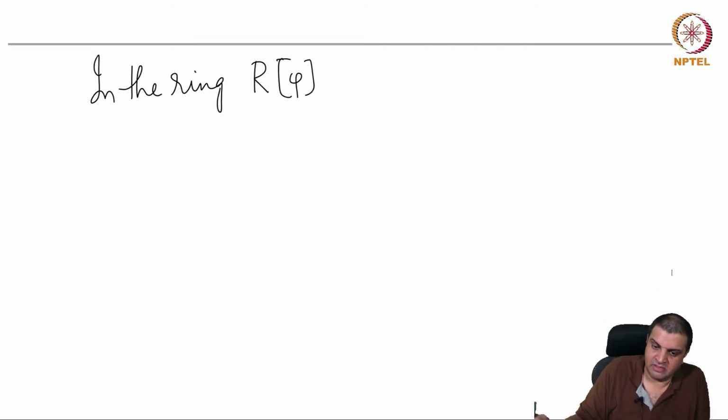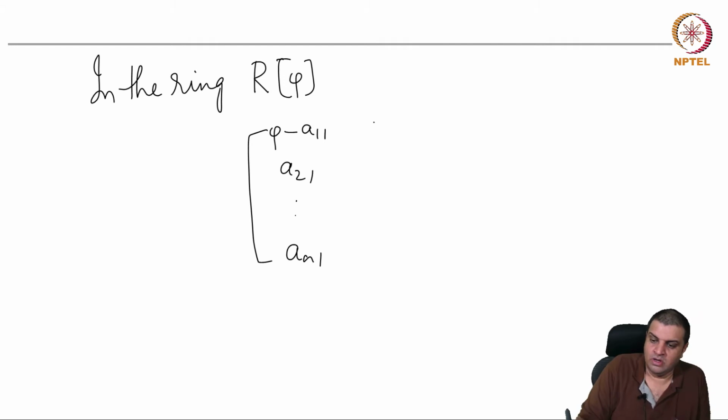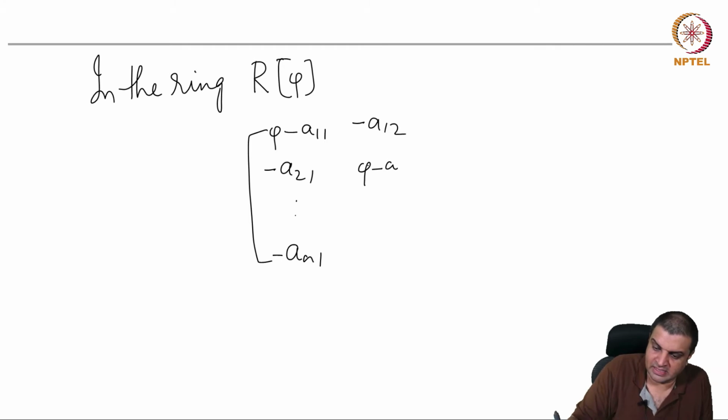So in this ring what we have is that phi minus a11, a21 and so on, an1, and then a12, phi minus a22 and so on. Oh sorry, these should be minus, we are subtracting the right side from the left side.